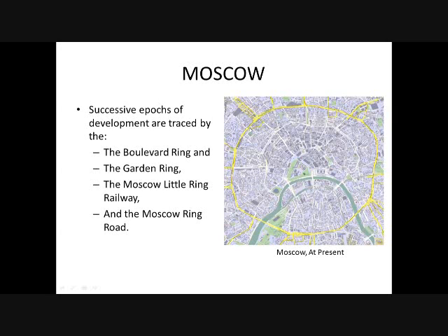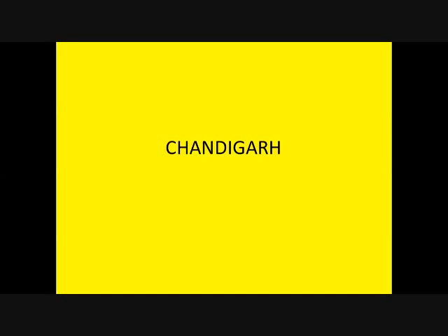The Moscow Little Ring Railway, there is a railway that goes around that connects the city districts, and the Moscow Ring Road that surrounds the city as a whole. So its history and its evolution followed this same pattern.